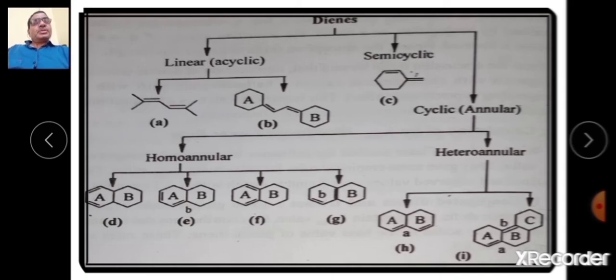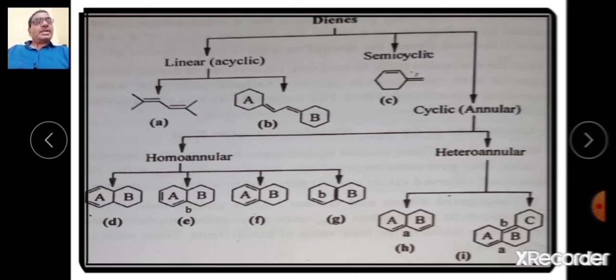Homo means same, and therefore the double bonds are present in the same ring, that is, in one ring. In the first case, it is present in ring A. In the second case also, and in the third, it is also in ring A. That is, the double bonds are present in the same ring, and therefore these types of dienes are known as homoannular dienes.